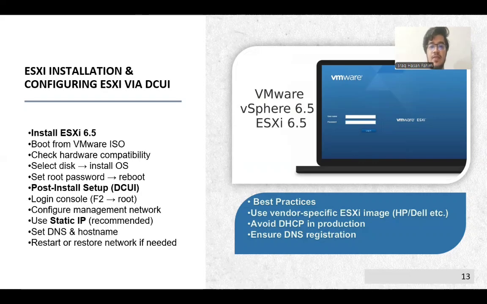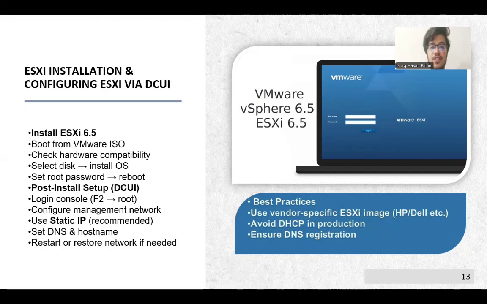In this slide, we will install ESXi and configure ESXi by DCUI. Now, let's talk about ESXi installation and configuration. First, we install VMware ESXi on the server to create the virtualization platform.